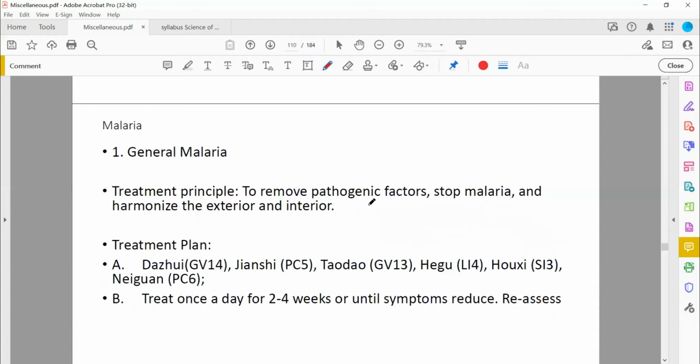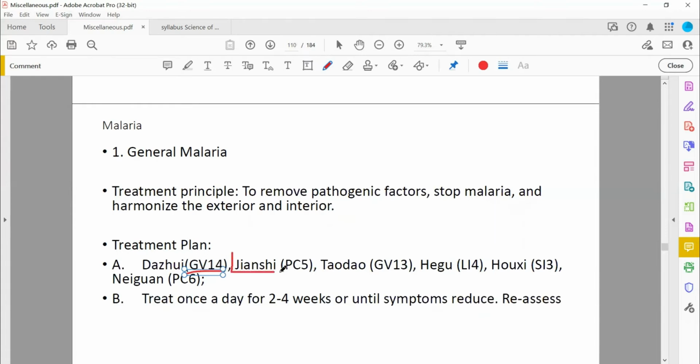To remove pathogenic factors, stop malaria, and harmonize the exterior and the interior. So GV14. This one for the fever, right? We know this one is good for the fever, for the heat, but especially good for the fever.